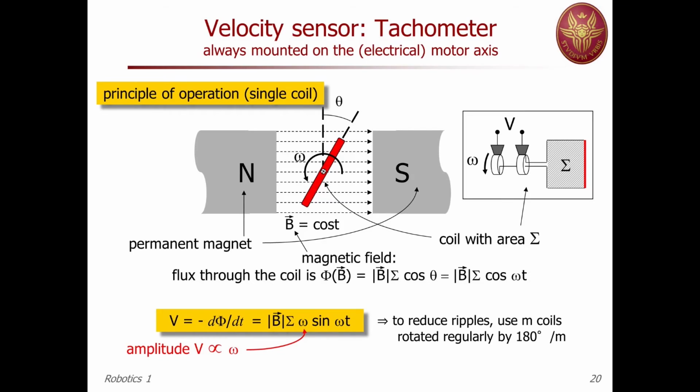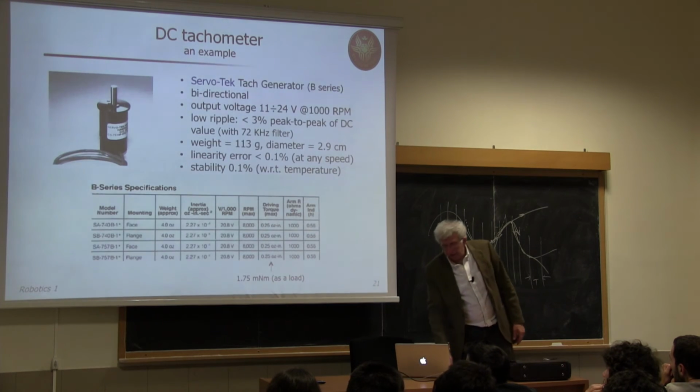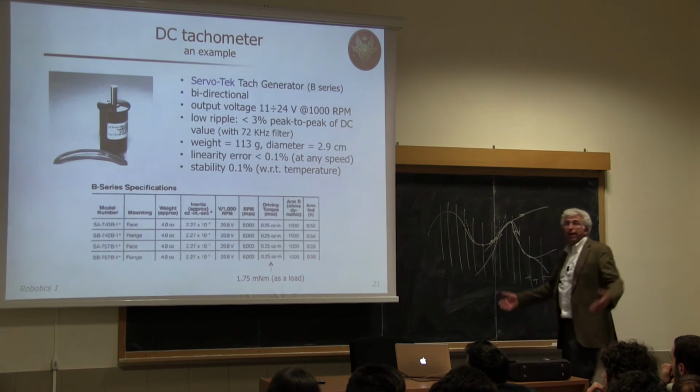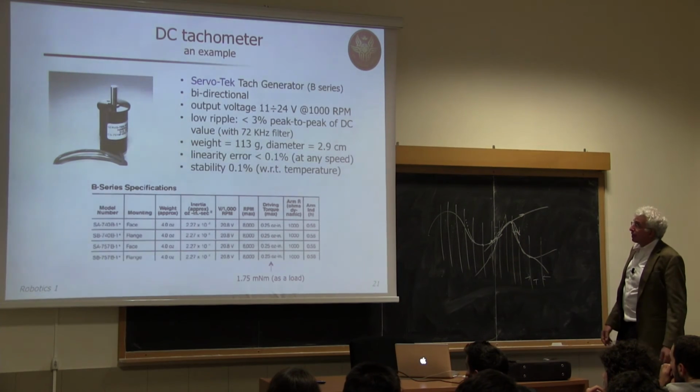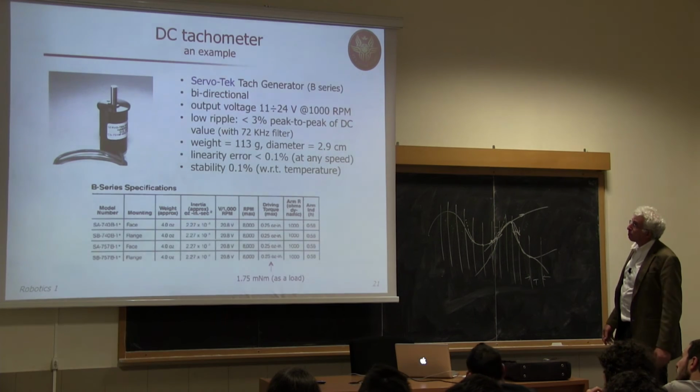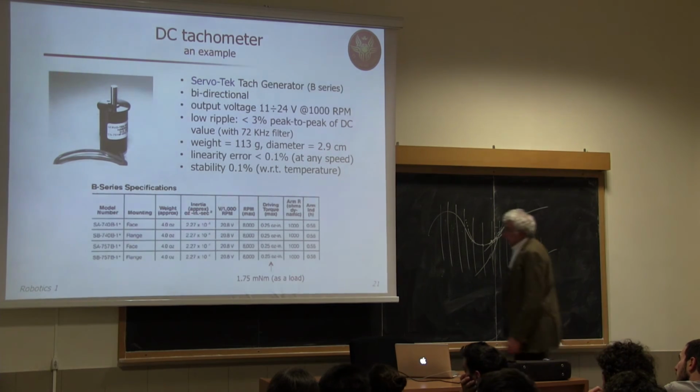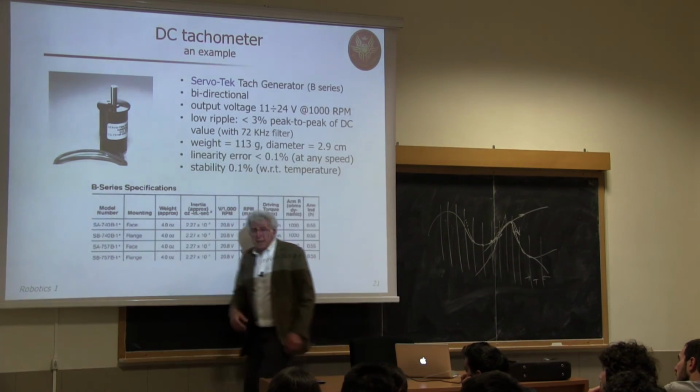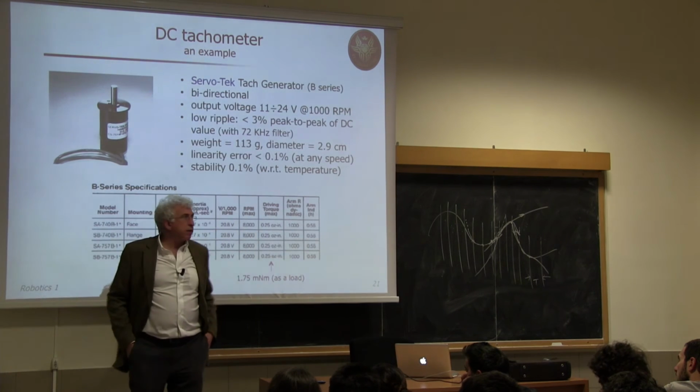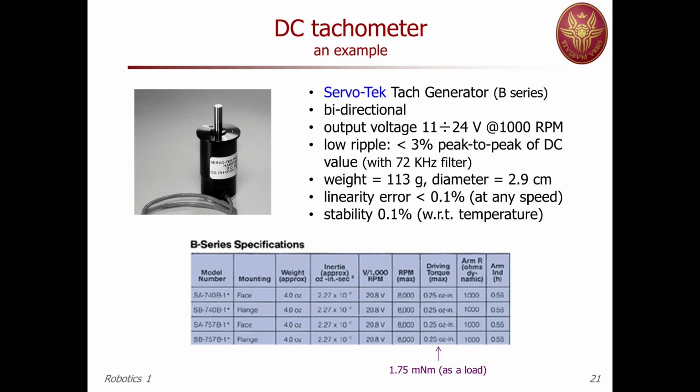Now, all this happens quite fast. But still, you have some residual ripple, even if you increase the number of coils, and you cannot add too many coils, let's say 8, 16 or something. So when you want to buy a tachometer, you find a data sheet like this one. This is a tach generator. It's bidirectional, so it's able to measure velocity in one sense or the other.